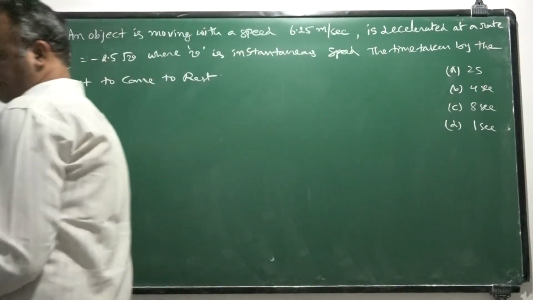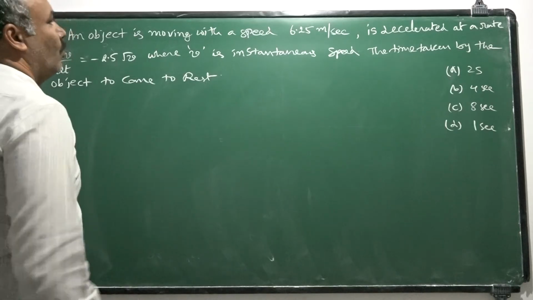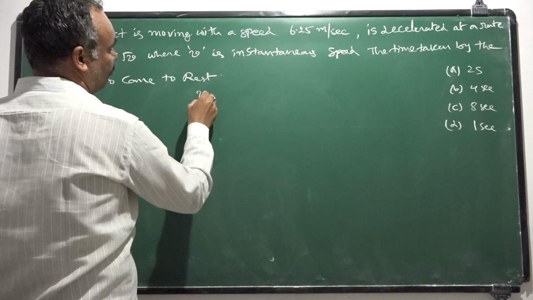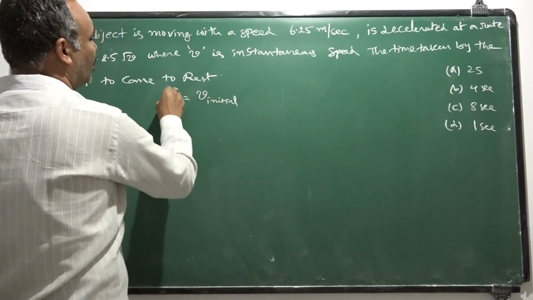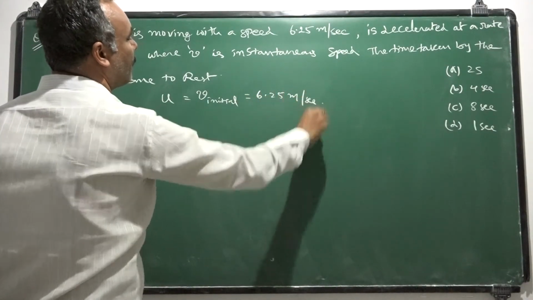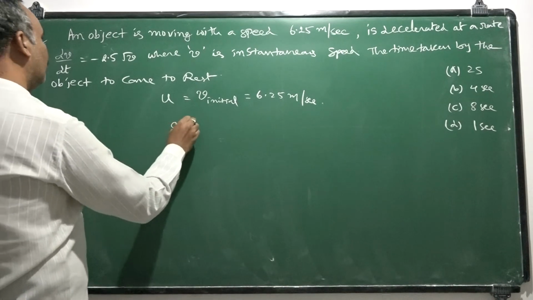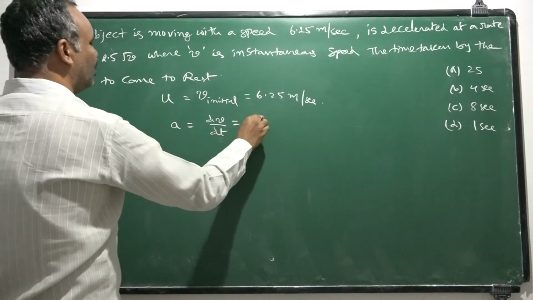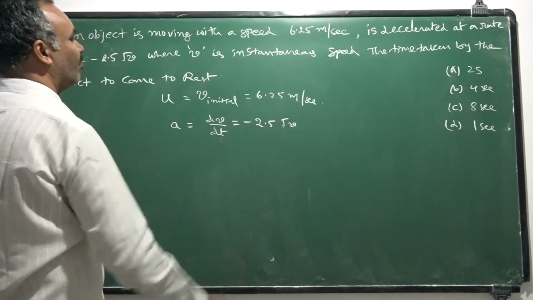The question is simple. Let me solve this question. You are given the initial speed, V initial, you may call it u, 6.25 meters per second. Now it is decelerated at a rate, so its acceleration is given by dv by dt, which is minus 2.5 root v. Acceleration is a function of velocity.